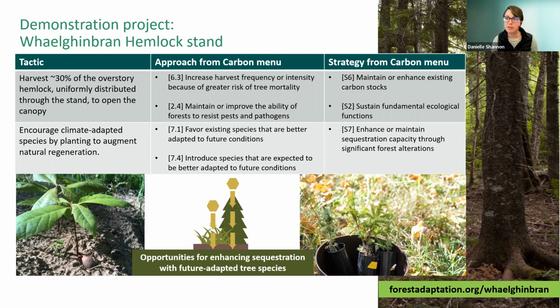And so another idea was to also encourage species diversity and establish future adapted species. And so you can see here that they're favoring existing species that are better adapted to future conditions and may even introduce species that are expected to be better adapted. And all of this is coming from the carbon menu.